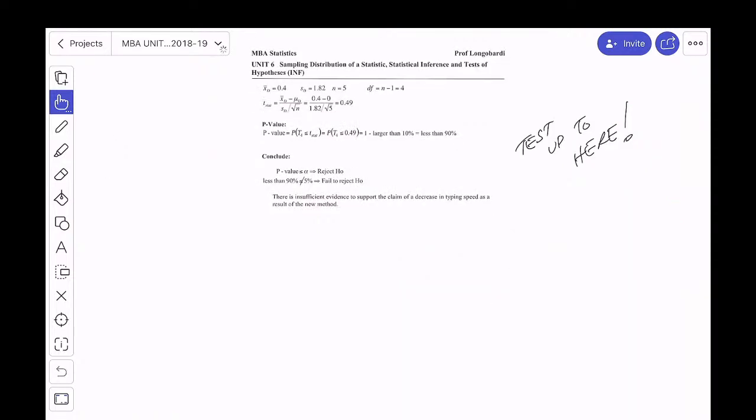The test is up to page 62. It's on the Moodle page.